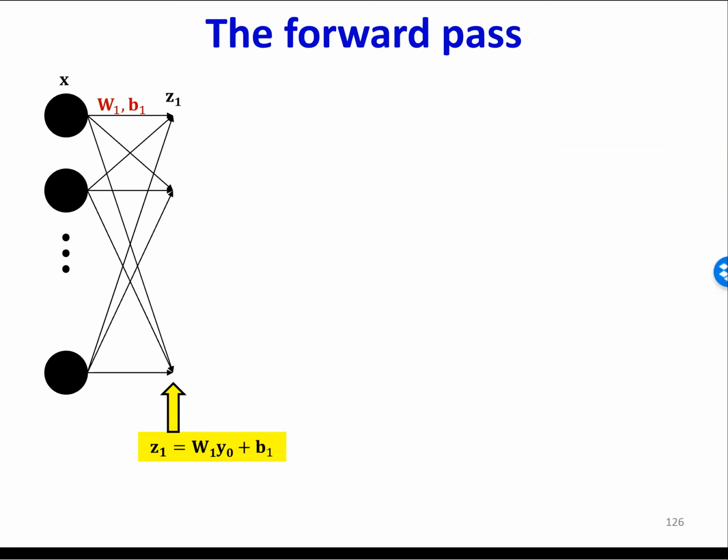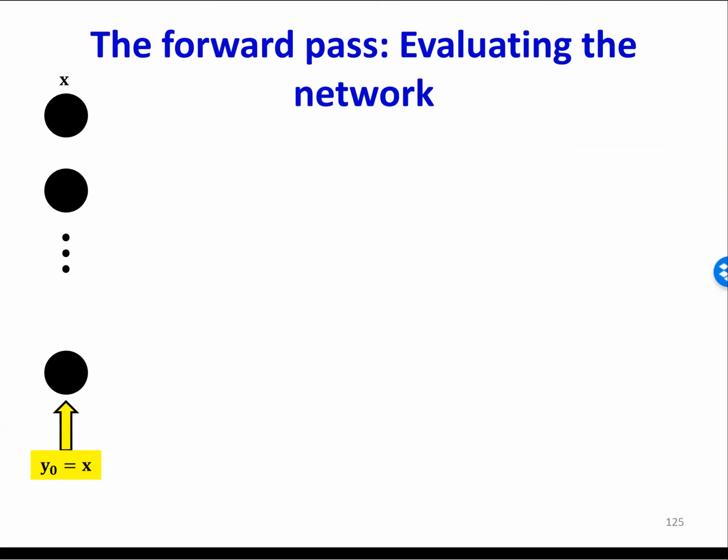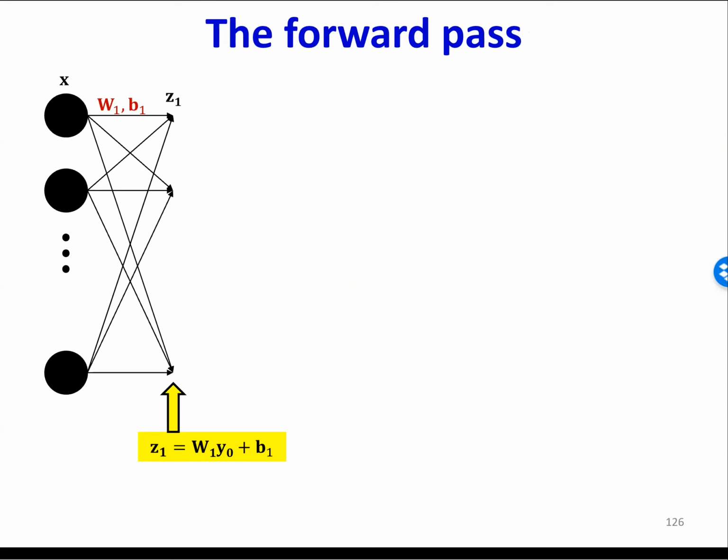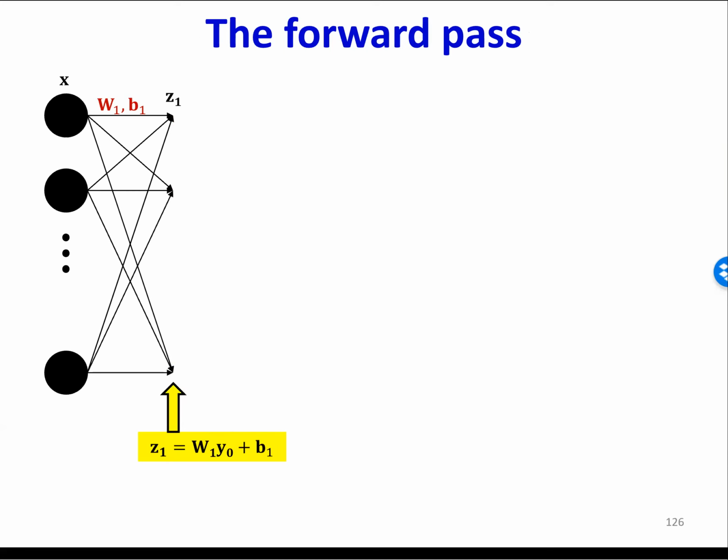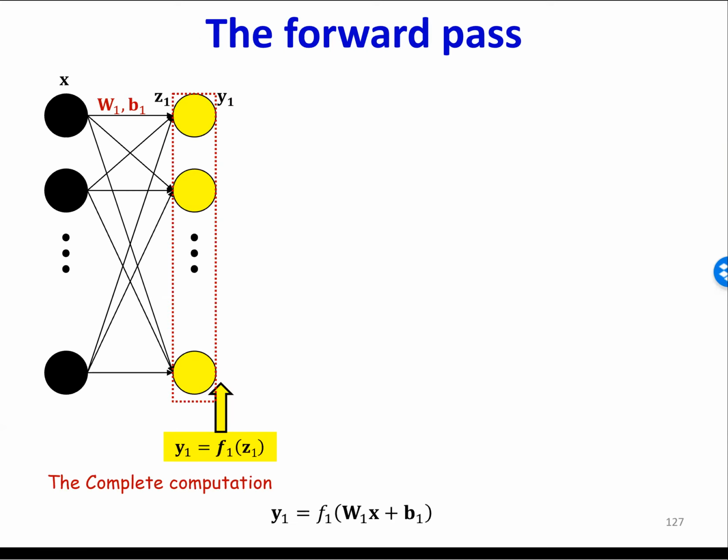Given this, the entire forward computation can be written in this manner: you just apply the affine computation. We can set the input to be y_0. Then at the first layer, the affine term is computed using the simple affine formula, where the weight matrix holds the weights of the first layer and the bias vector represents the biases of the first layer. Then you can apply the activation of the first layer on z_1 to get the output of the first layer.